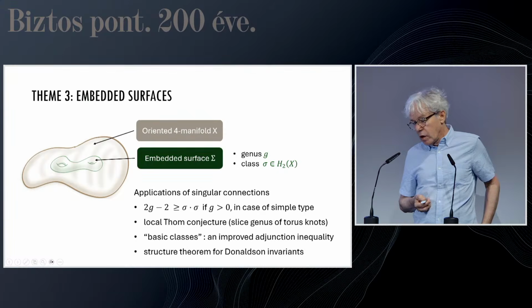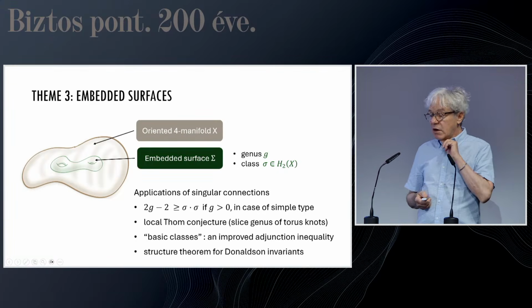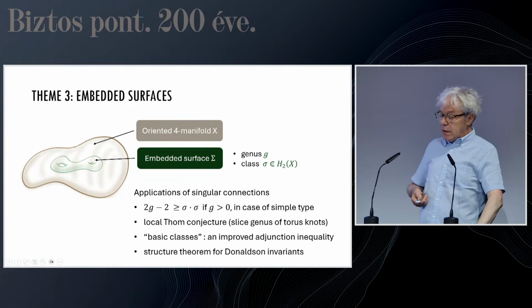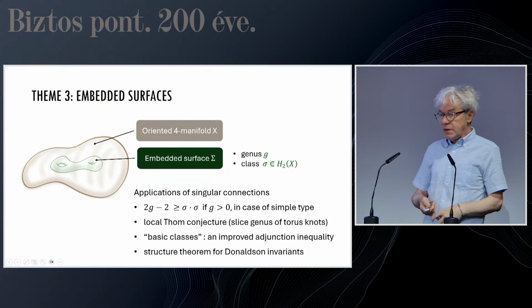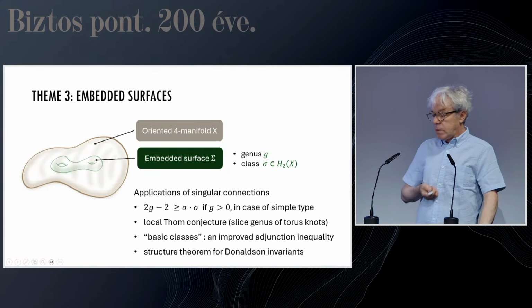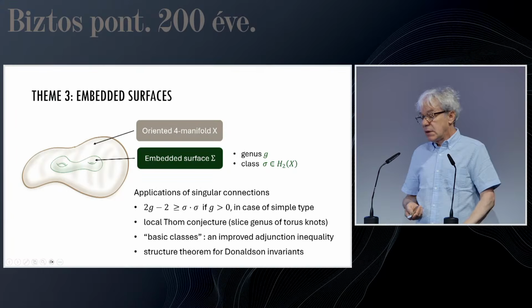Talking about the Morgan, Mrowka, Ruberman results and speculating about the generalizations. Also speculating, I think, that the canonical class should be something that you can define differential topologically using Donaldson invariants, which is somehow borne out in these basic classes.